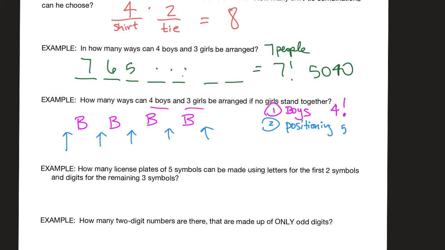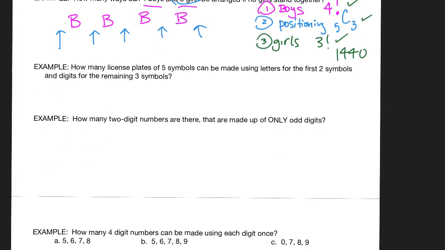There are 5 of them, but I need to choose 3. Even though there's 5 available, I'm only choosing 3 because there's only 3 girls. Once those positions have been picked, then I need to actually arrange the girls with a 3 factorial. And if you grab your calculator and multiply all 3 of these together, you should get 1,440.